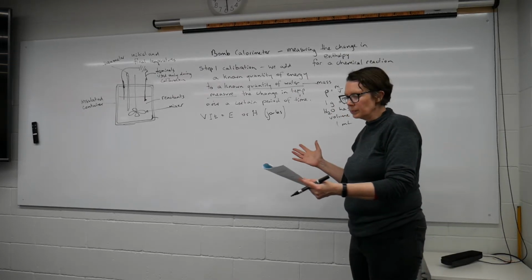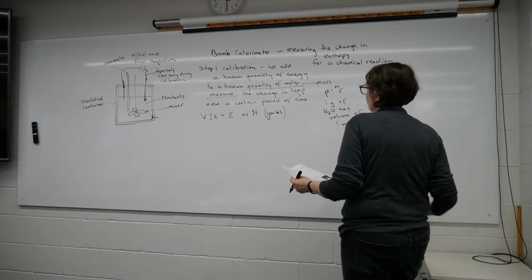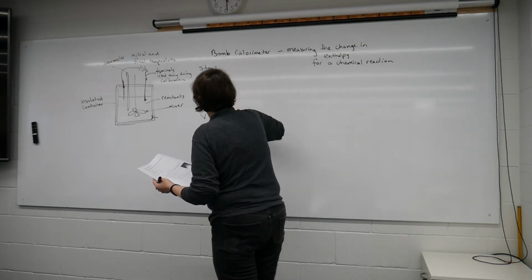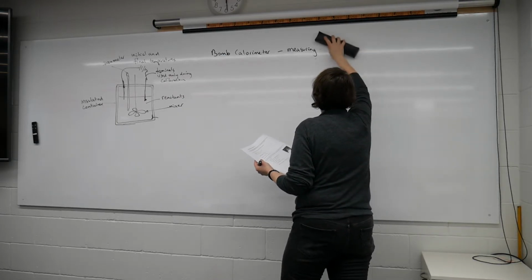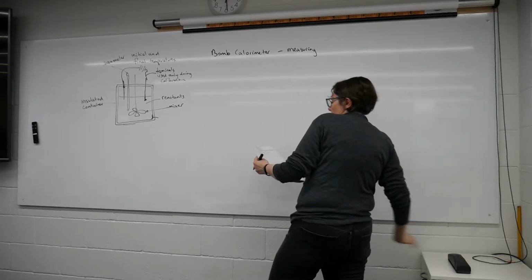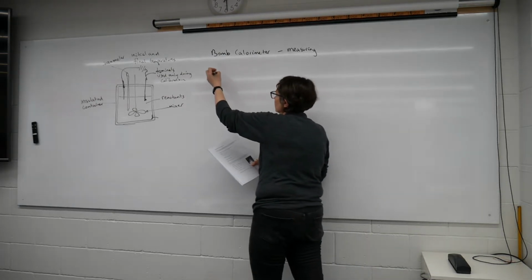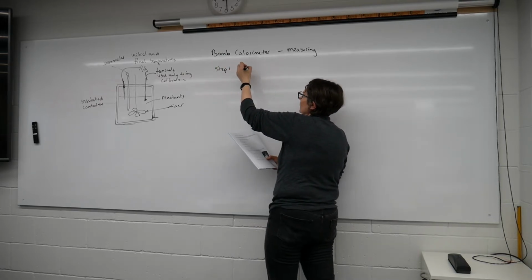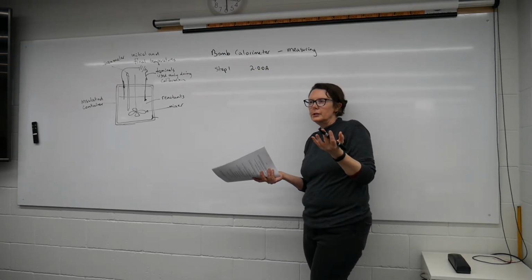All right, so let's plug in some numbers with our example for the bomb calorimeter. And this is on page 22. Okay, it tells us that a bomb calorimeter is calibrated, so we know that's step 1. We've got 2 amps. What symbol represents amps?